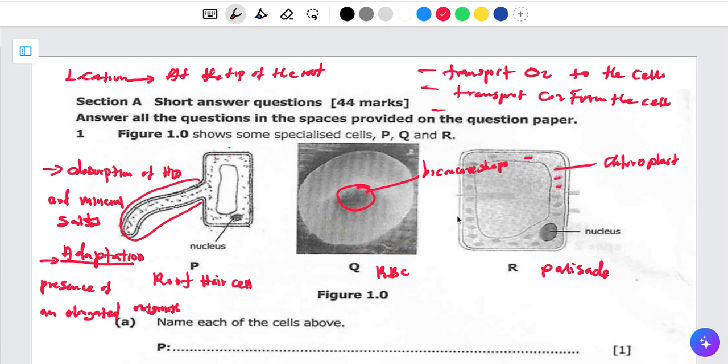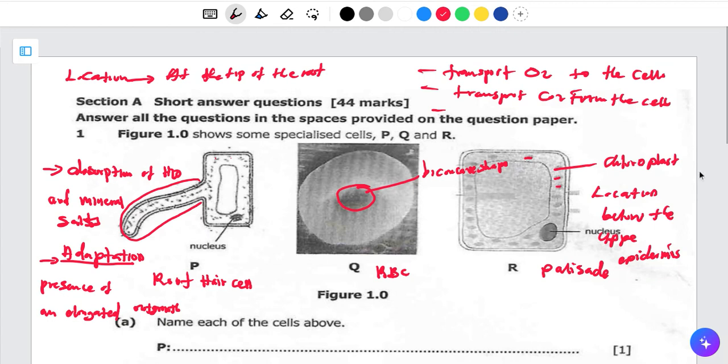Now, in terms of the location, they are located below the upper epidermis. That is one thing that you need to know. Then in terms of the adaptation, the abundance of chloroplasts for the process of photosynthesis.